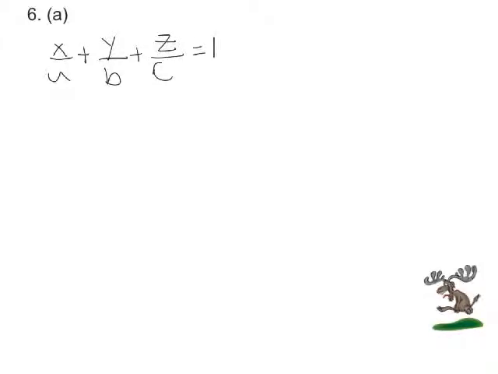And what we want to do is solve this equation for the variable a. So the first thing I'm going to do is subtract the non-a fractions to the right-hand side. And this should be subtract z over c.